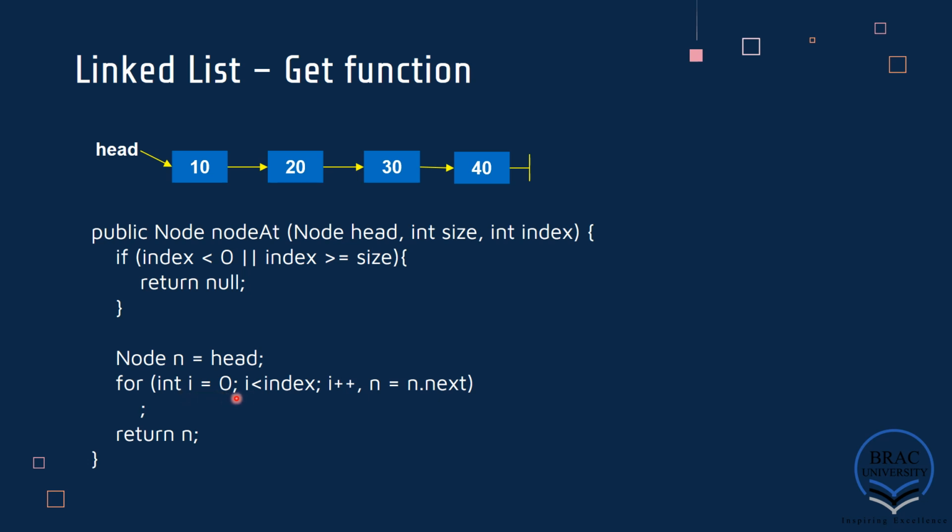It goes through a counter starting from 0 up to the index, incrementing one by one. As it increments the value of i, it also changes the address of the node. This loop goes through index because we have already checked the validity of the index with the if here. Whenever it reaches the index node, it returns the node n, which is the address.